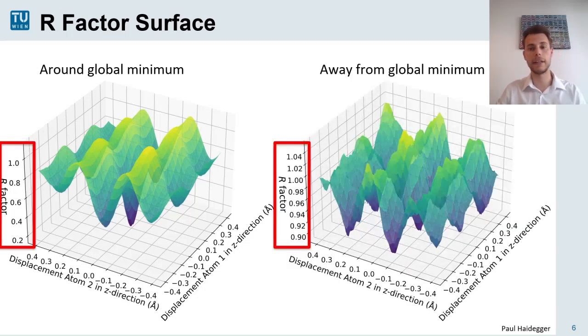However, if the parameters are not minimized, we cannot identify a global minimum, and the range of the R factor is very small. So it's very hard to find this global minimum, or better, the global minimum basin, but then it's easy to find the minimum.